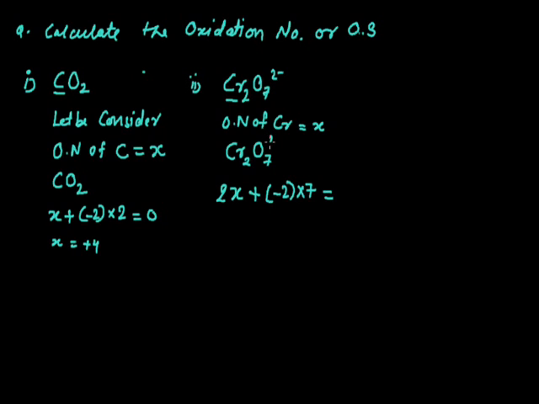In the dichromate ion the total charge is minus 2, so we write here minus 2.